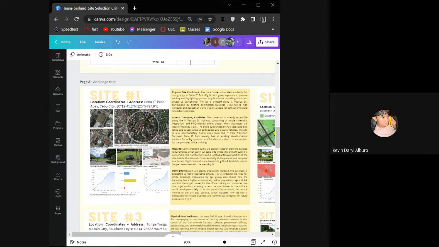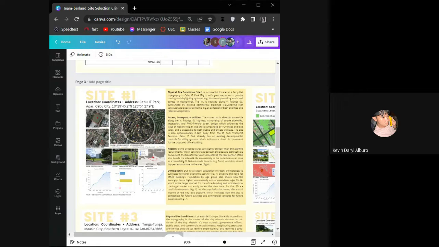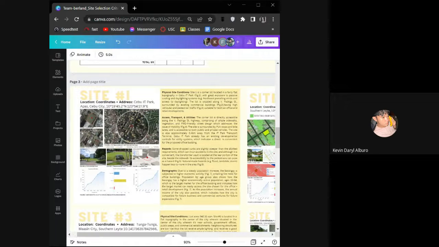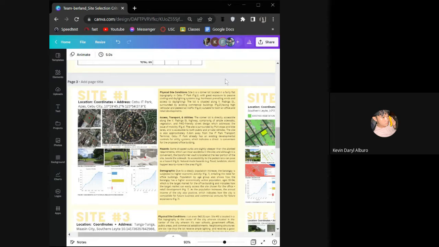For the hazards, some drop curves are slightly steeper than the allotted requirement, which is the main issue. For the demographic, it acquires the target age group, which is 15 to 64, the target market for the office building, and indicates that the target market can easily access the site chosen for the office and retail development.